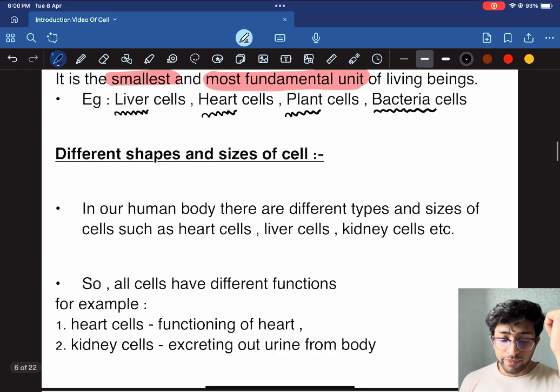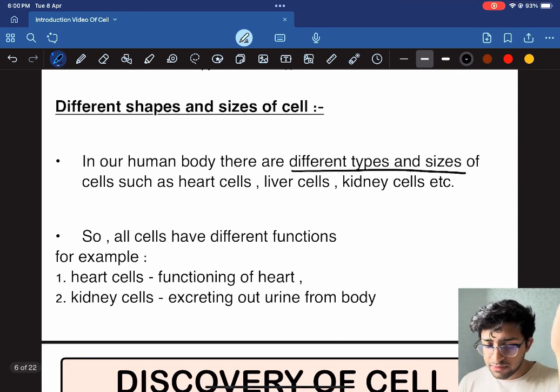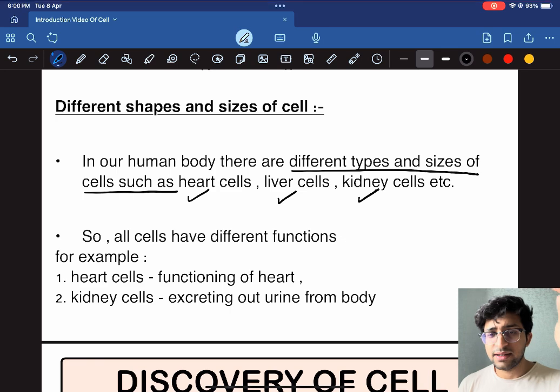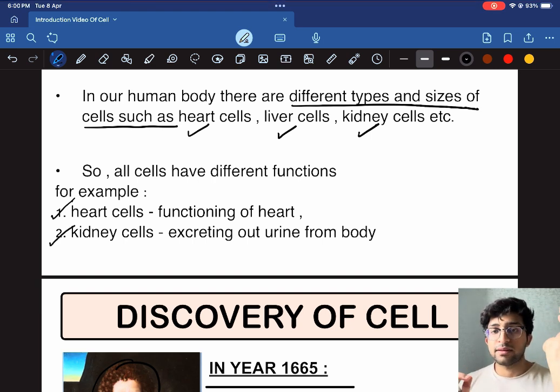As we discussed, in our human body there are different types, shapes and sizes of cells, such as heart cells, liver cells, kidney cells, etc. All cells have different functions. Heart cells are for the functioning of the heart, kidney cells are for excreting urine from the body, and liver cells are used for the digestion of food and metabolism.